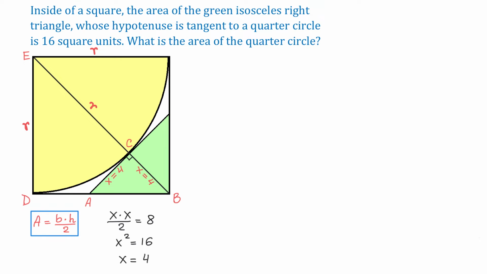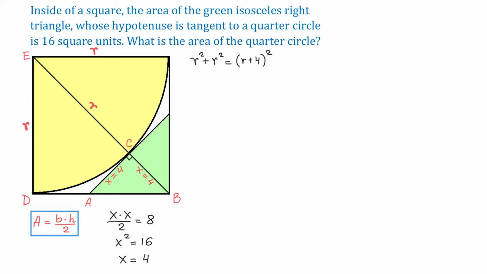Then we will use the Pythagorean theorem to write that r squared plus r squared equals r plus 4 squared. Now, if we solve this equation and we find r, then we can find the area of the quarter circle.